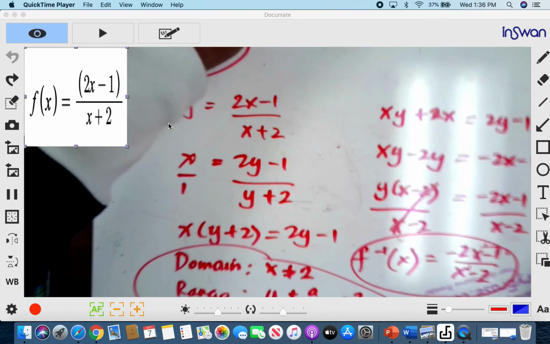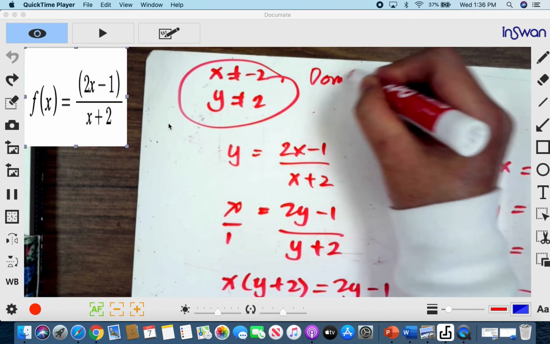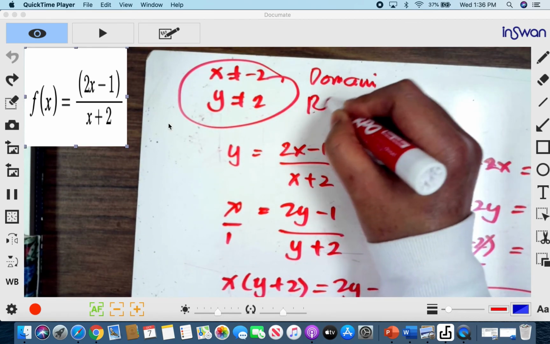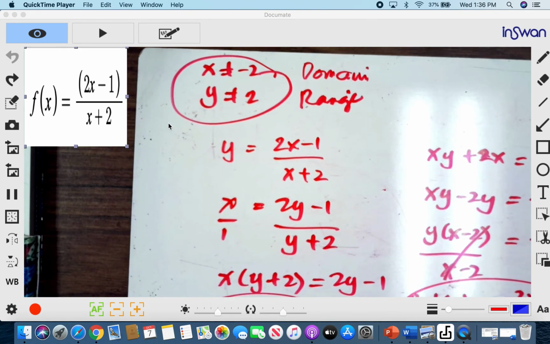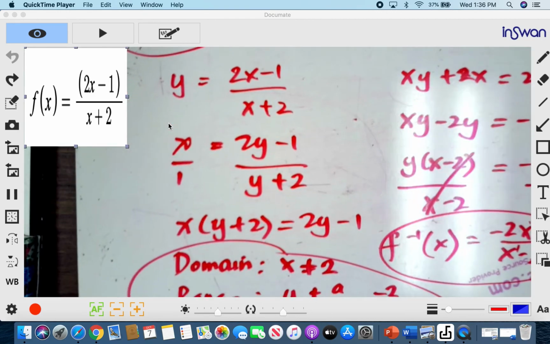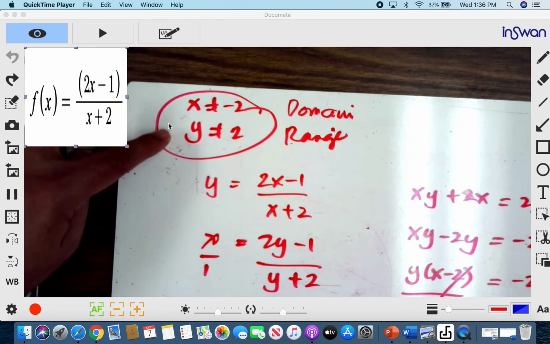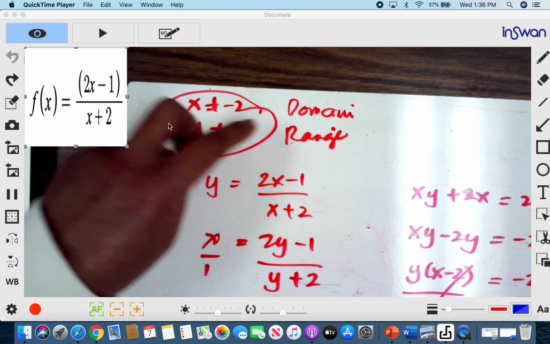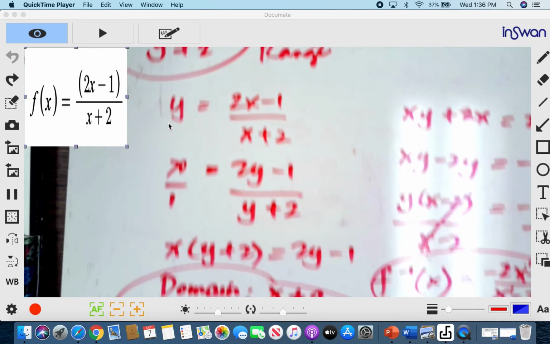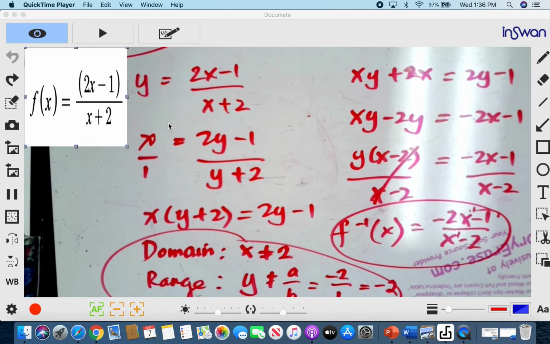Based from our solutions before, the domain of the given function is x is not equal to negative 2, and the range is y is not equal to 2. When we took the inverse function, we just have to flip this. So x is not equal to 2 for the domain, and y is not equal to negative 2 for the range. And it really happens.